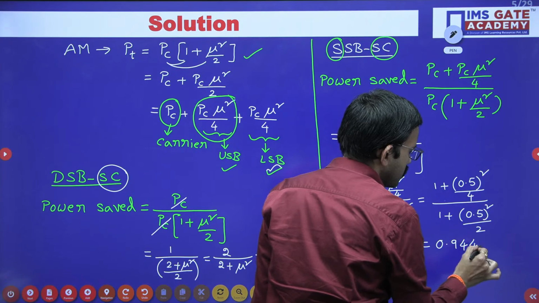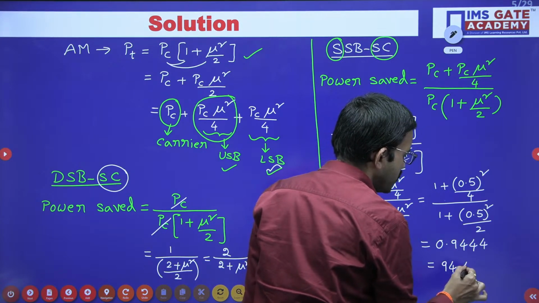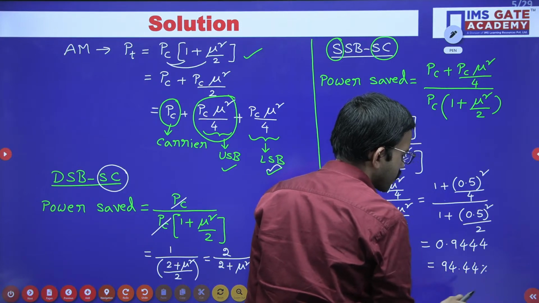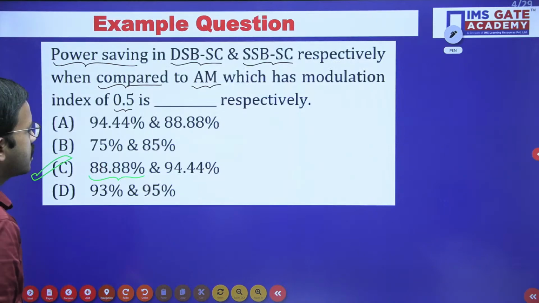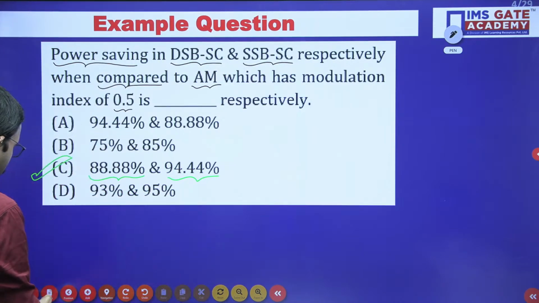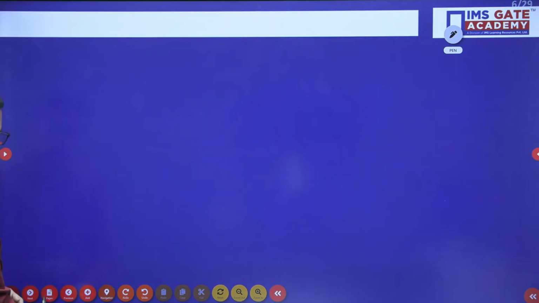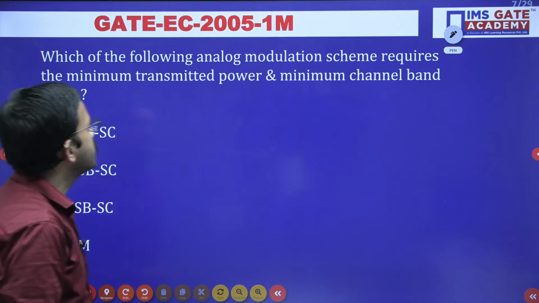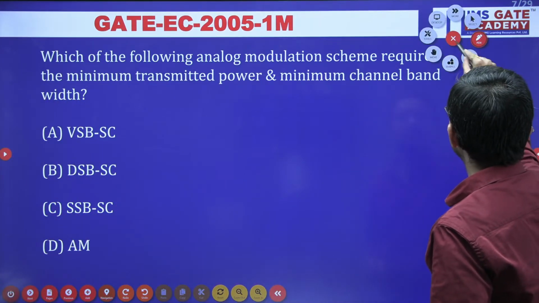So this one in terms of percentage you can represent as 94.44. Yes, we are getting the same answer, 94.44 regarding SSB-SC. So all of you give a try. This is the question asked in GATE EC 2005 for 1 mark.